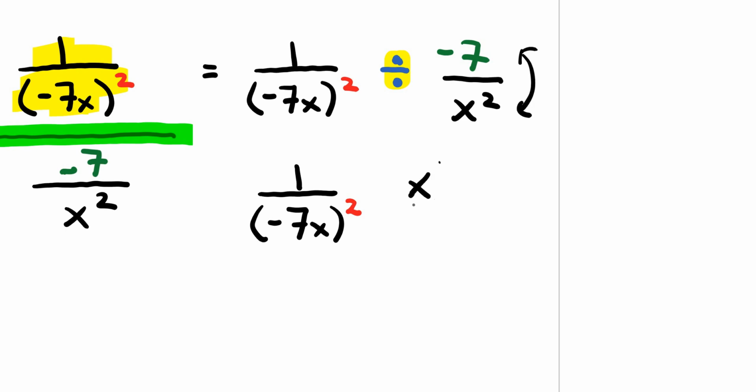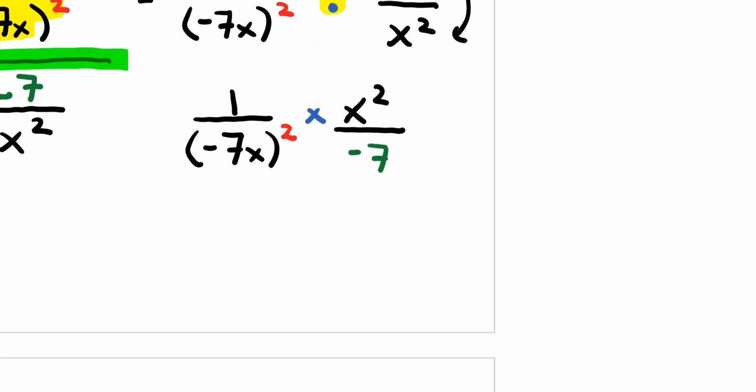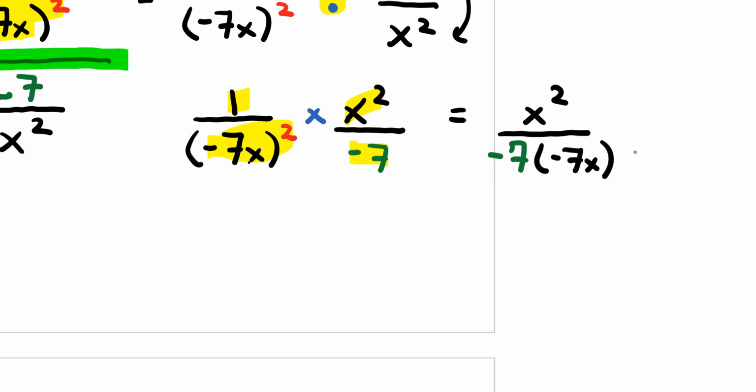So this would be x squared divided by -7, and then you're just multiplying that. Okay, so if we multiply this across, -1 times x squared, that's going to be positive x squared divided by, and then if I multiply all of this with this, I would get -7 times bracket -7x to the power of 2.